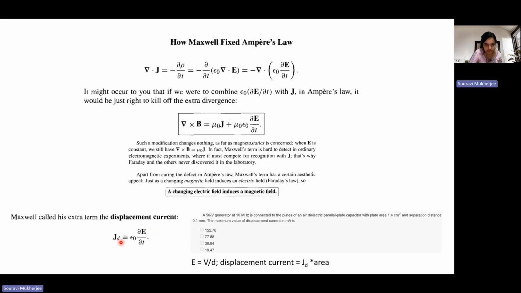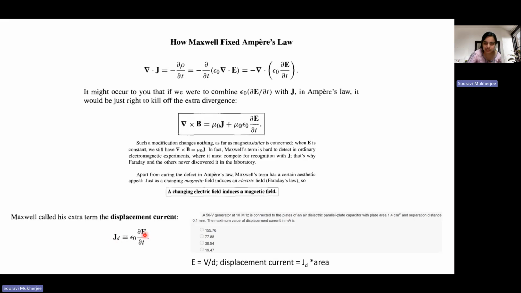Remember this is current density. To find the net current, you need current density and the area. Area is already specified, so you have to find the displacement current density, J D.